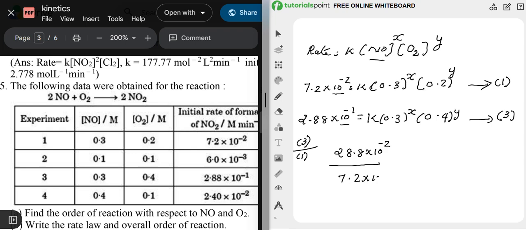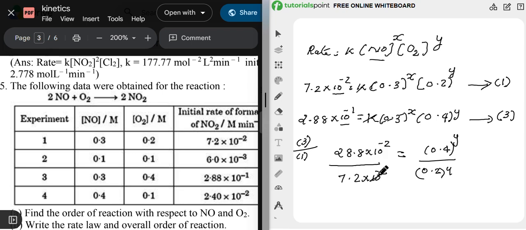7.2 into 10 raised to minus 2 is equal to this K, and K we can cancel, right? Then 0.3 raised to x, 0.3 raised to x cancel. Then here it comes 0.4 raised to y by 0.2 raised to y. Equation 3 by 1 we are doing. I hope you understood.